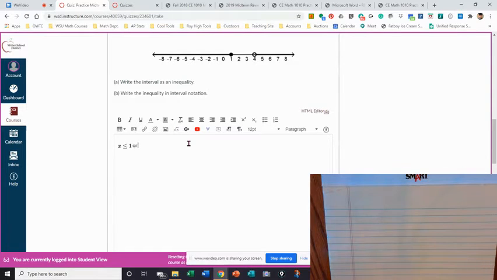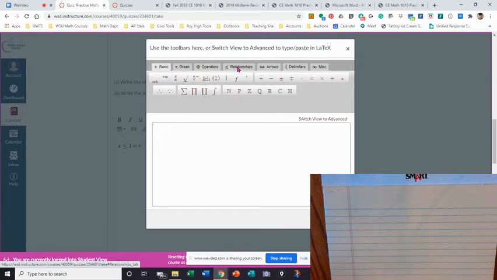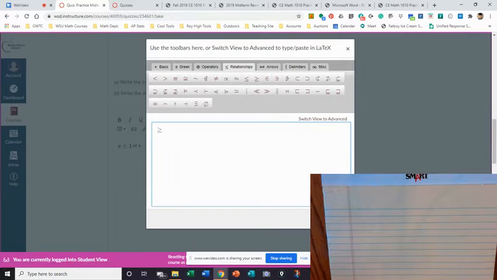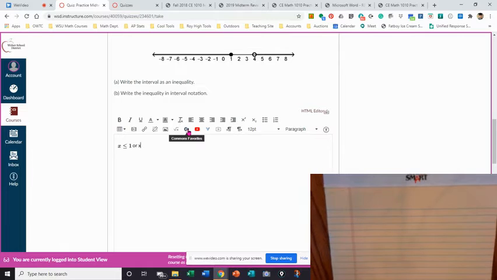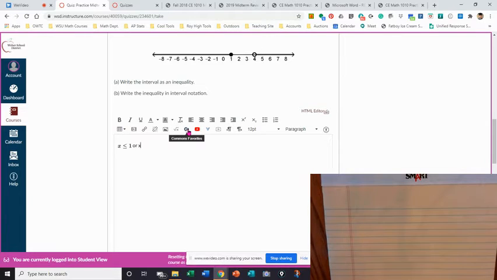I don't care. X is, and I'll use that little equation editor, greater than or equal to. Oh, it's not greater than or equal to, though. It's just greater than, because it's a hollow dot. X is greater than 4. So there's part A.